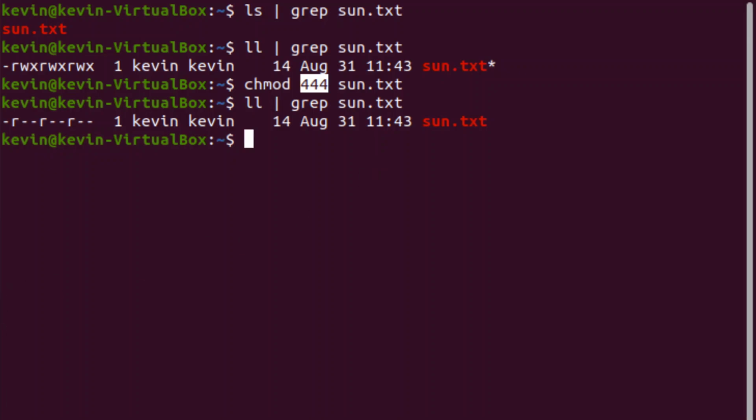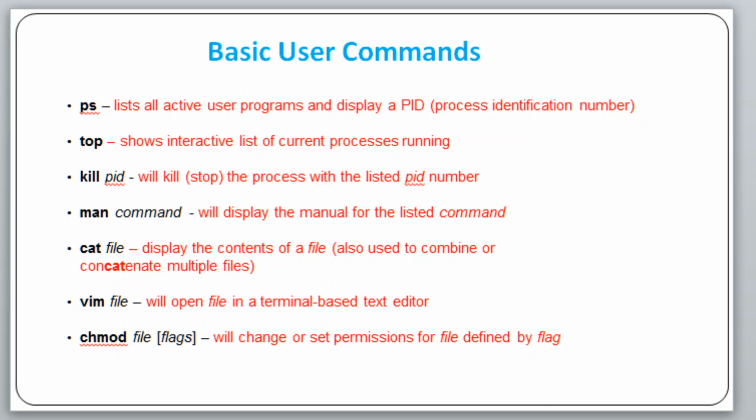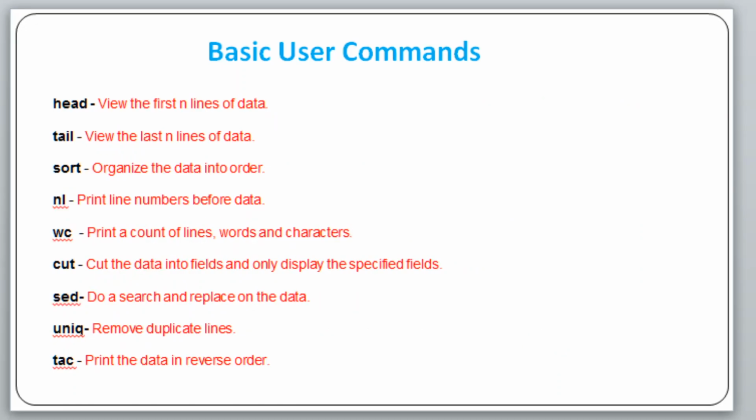Okay. Let's head back to our PowerPoint. We have some more commands to look at here. We have head, which is how you view the first n lines of data, so you can give it a number to display. We have tail, which will view the last n lines of data.